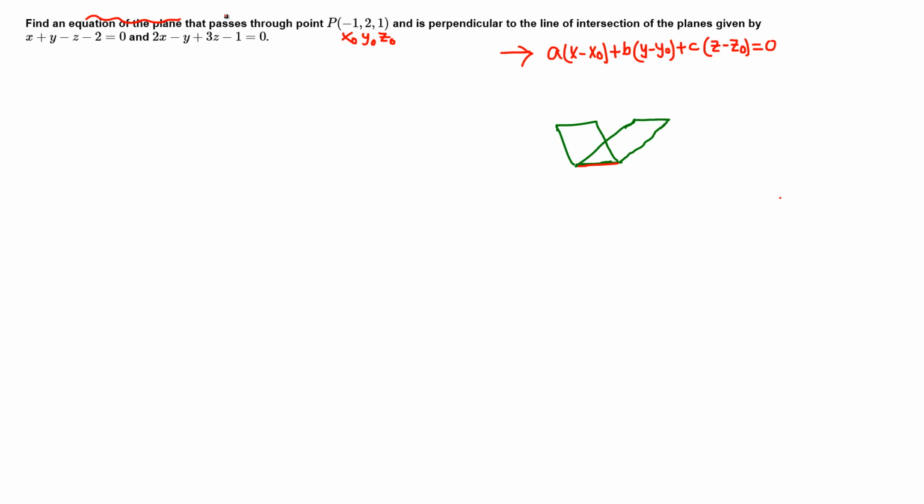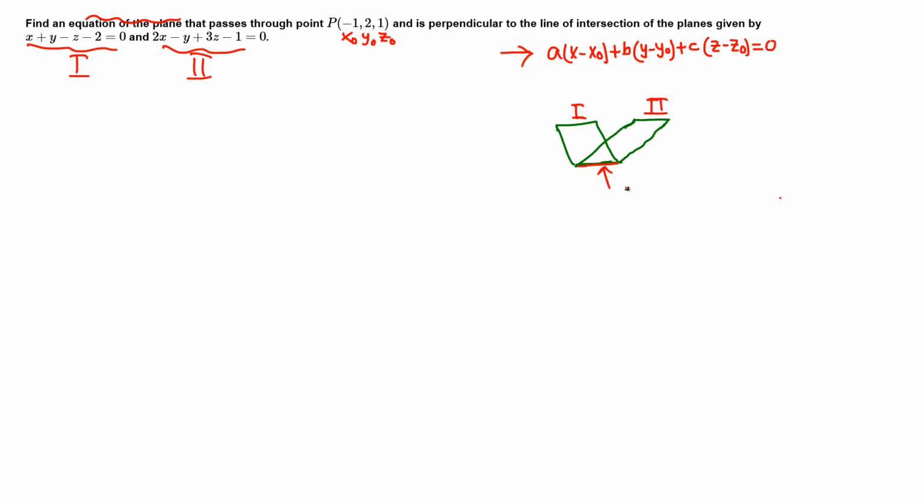For that, we know that it's given that the plane is perpendicular to the line of intersection of the planes given by these two equations. So we got two planes. Just to show you an idea: first plane, second plane, and if they are not parallel, they intersect at infinitely many points, so we get a line.